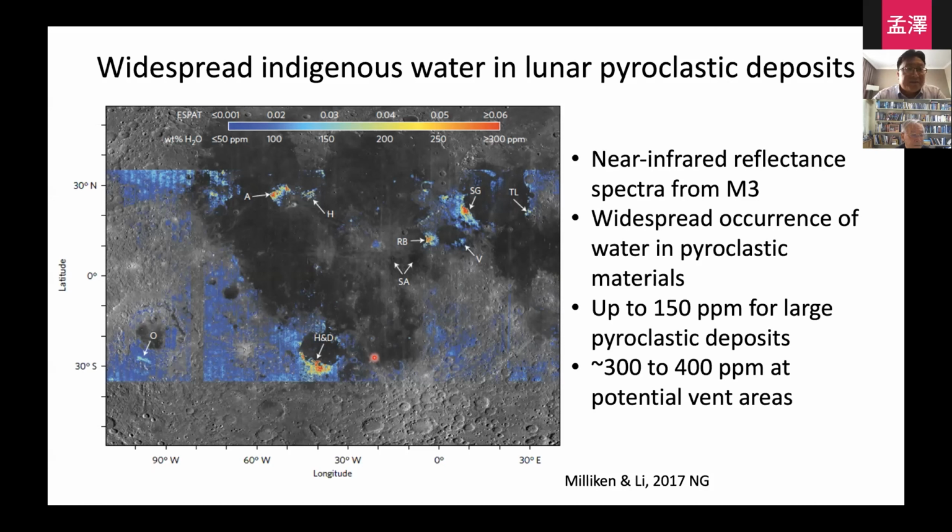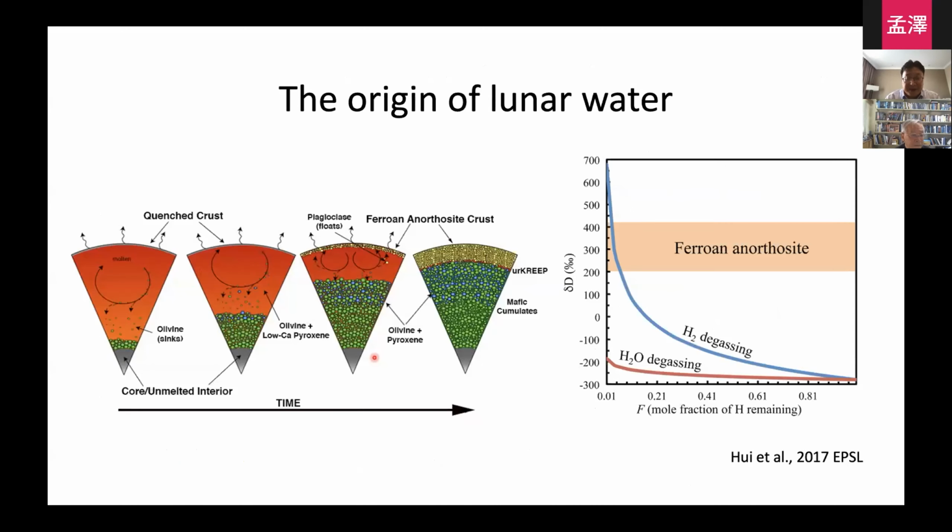There's widespread indigenous water in lunar pyroclastic deposits. This supports that the lunar interior contains water, not just locally, but globally.